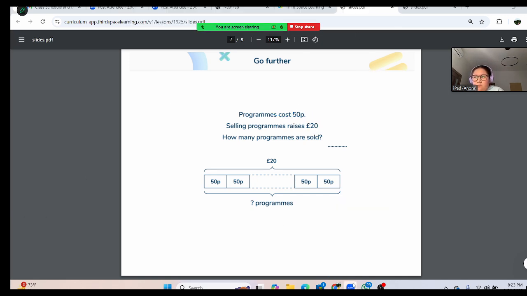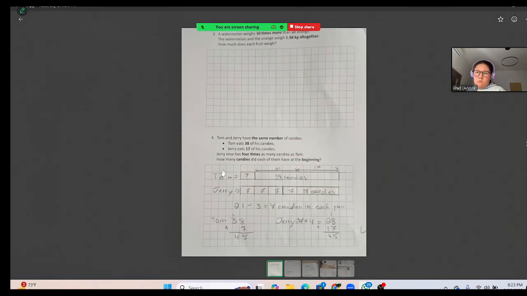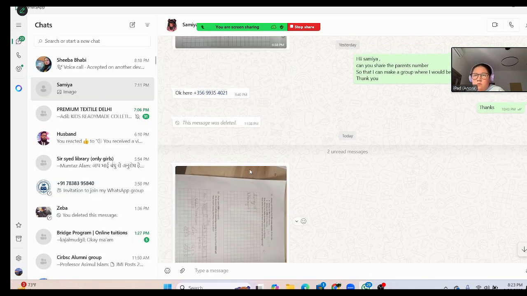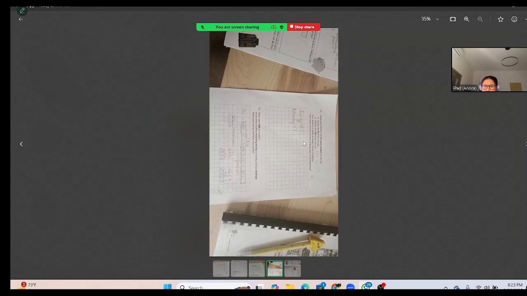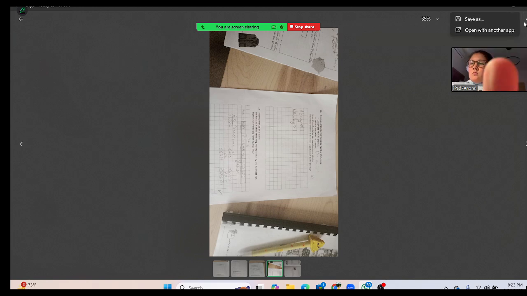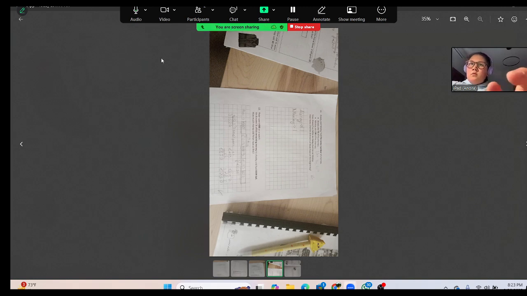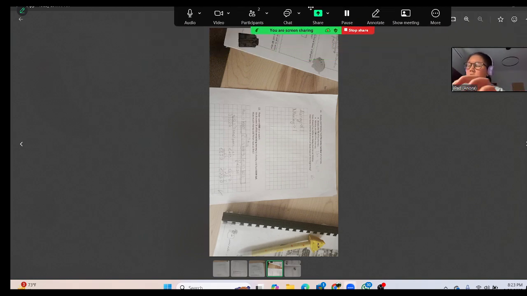Now let me come back to your homework. I think it is starting from here. Let me rotate it. Can I rotate it? Don't just send another picture. Do you want me to send you another picture? Yeah, please.